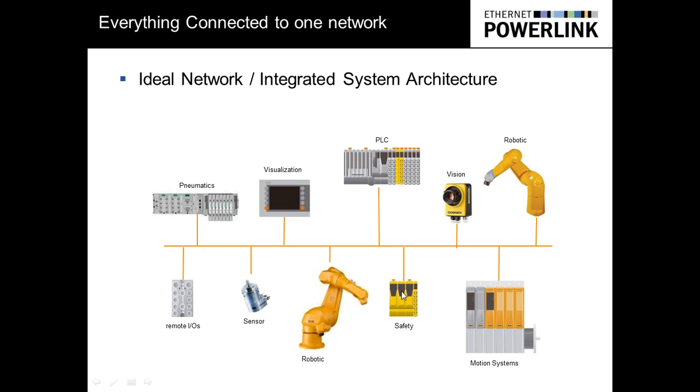You have some safety I/O, a few robots, some sensors, some pneumatics, and some motion. There's a whole bunch of components all sitting together on one network, and that's basically what we think of as an ideal network-integrated system architecture. The idea is that you have one network that goes through the system, all the components in the system are connected to that network, and everything communicates in real time.